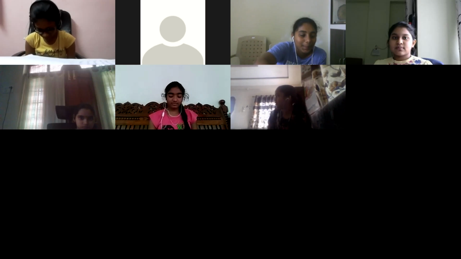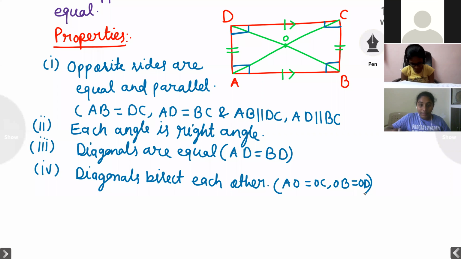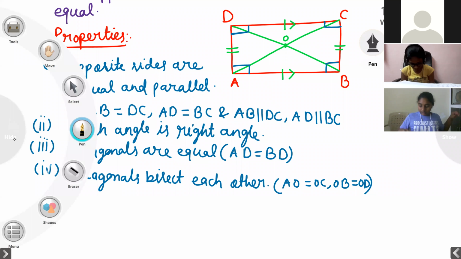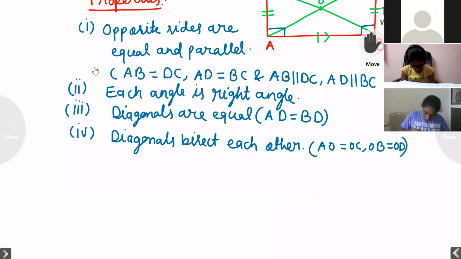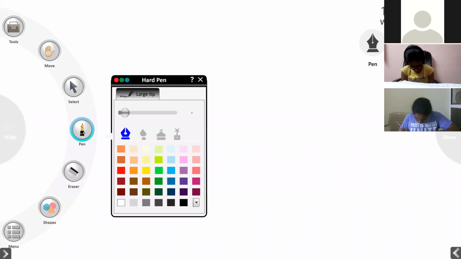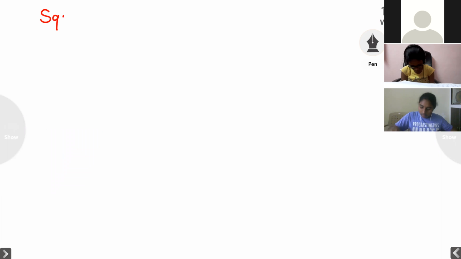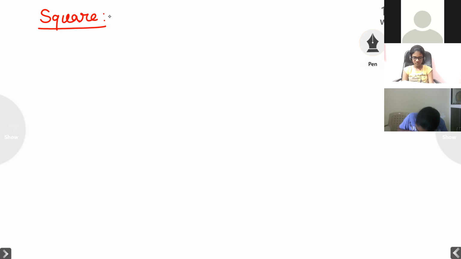Next, keep the heading square. Now tell me, students, is a square the child of a parallelogram or a quadrilateral?